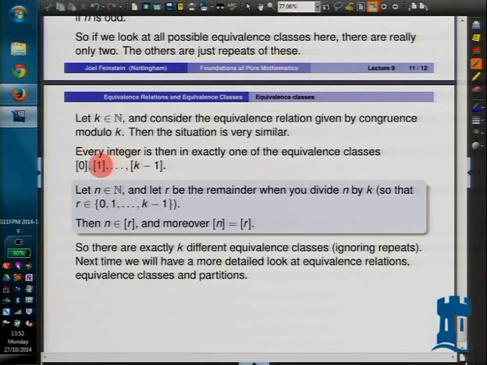Whereas the square brackets above 1 means those things which are related to 1, those things which leave the same remainder as 1 when you divide by k, which means those things which have remainder 1 when you divide by k. And you chop the integers up this way. And we'll come back and look at that property next time, and we'll also see why the rule of 9 works, and do a similar thing for 11.